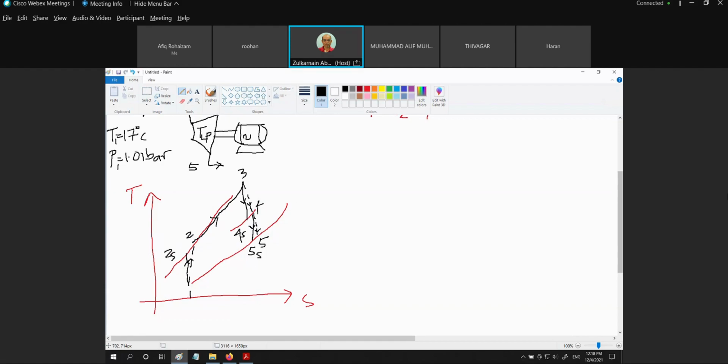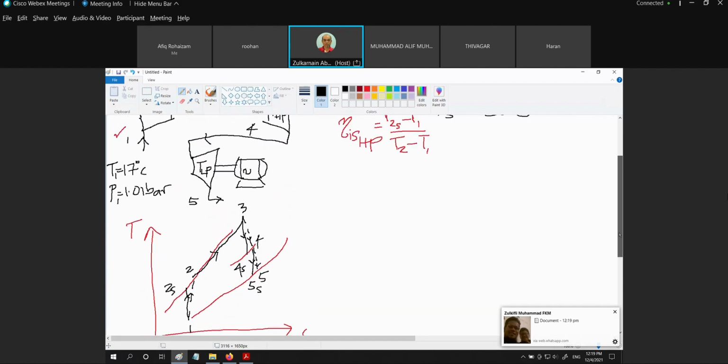So we have 3 isentropic efficiencies. Now, can you see T1? We have solved T1. We have solved T2s. You see right here? Isentropic efficiency of the compressor: shorter line divided by longer line. Okay, shorter line divided by longer line.